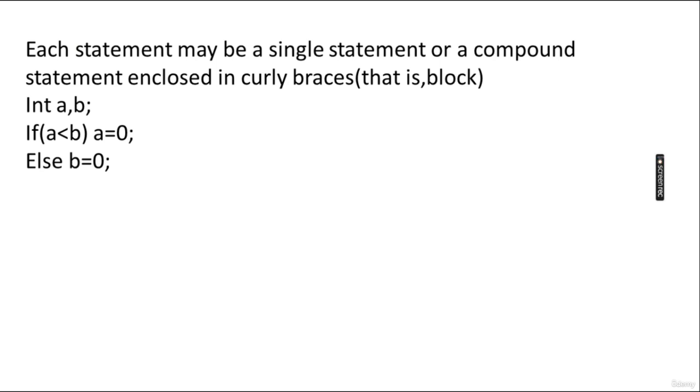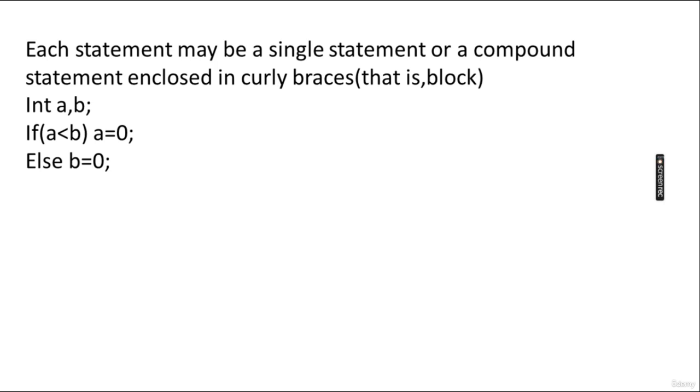Each statement may be a single statement or a compound statement enclosed in curly braces, that is a block. So the block of code can be written within opening and closing curly braces, or a single statement can be written directly in a single line immediately after the if or else line. For example, if a is less than b, I assign a is equal to 0.